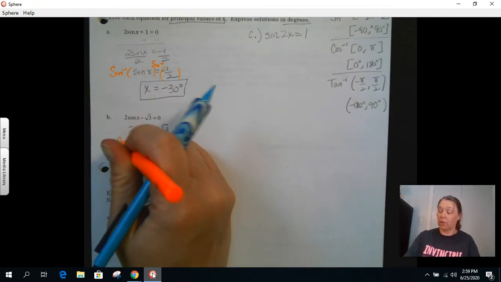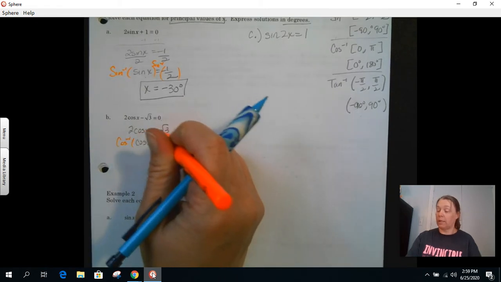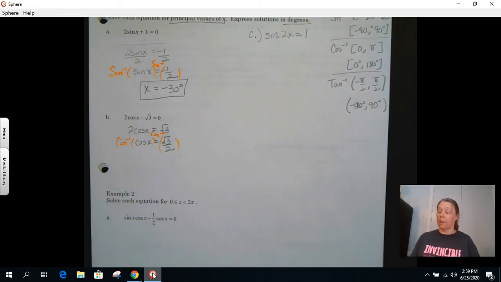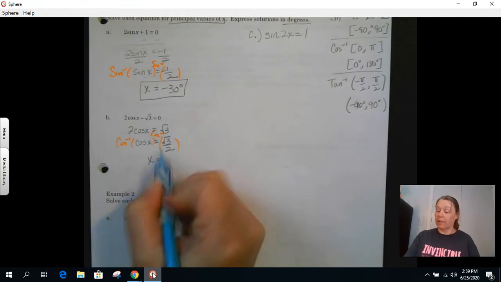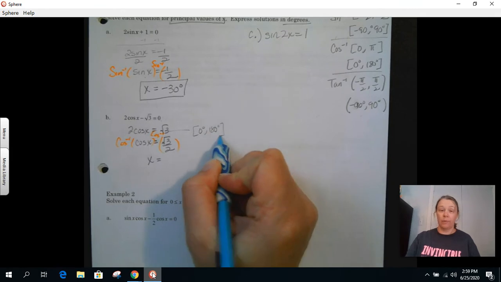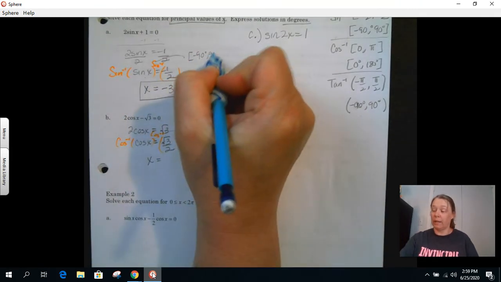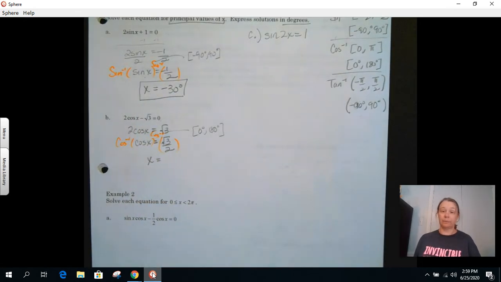And again, because the directions say for the principal values, I'm going to do the capital C inverse cosine of both sides. So that means this means my angle has to fall between 0 and 180. Just like up here, that capital S meant my answer had to fall between negative 90 and 90.